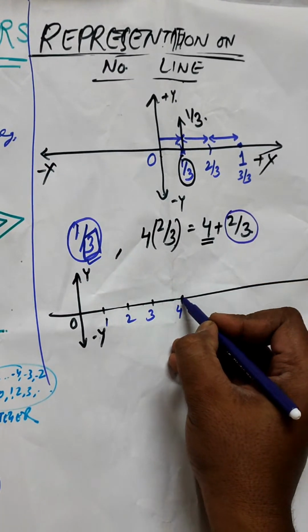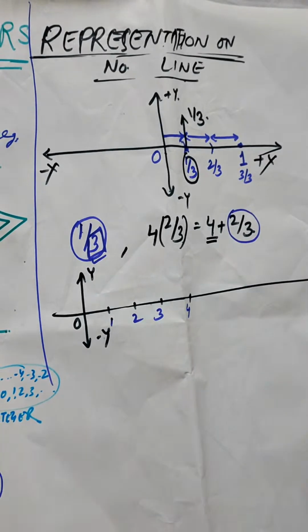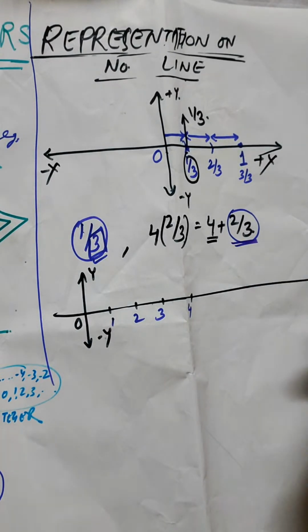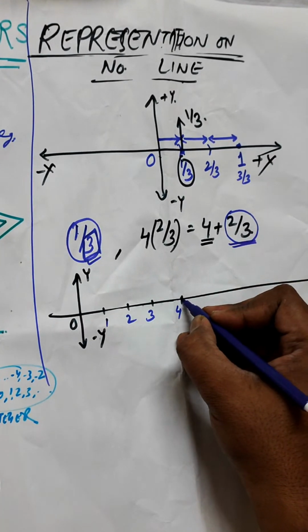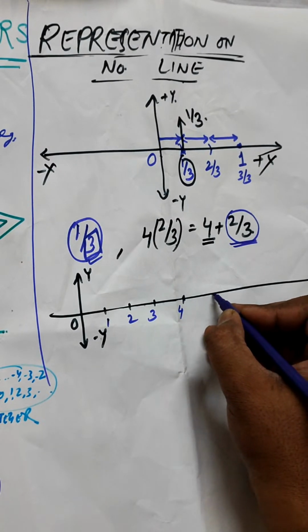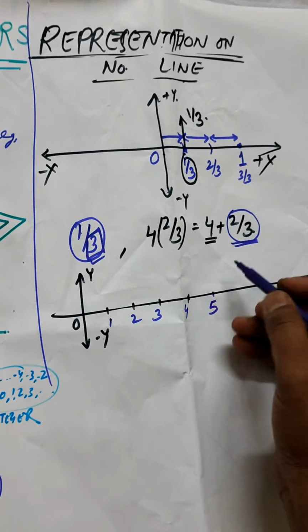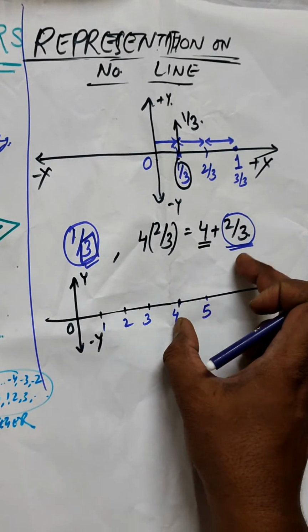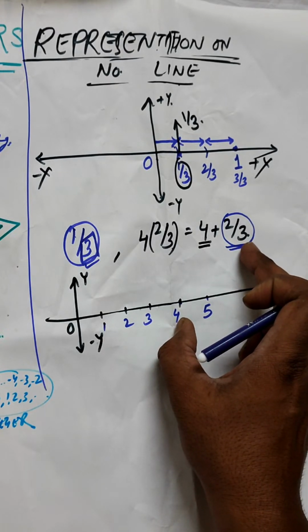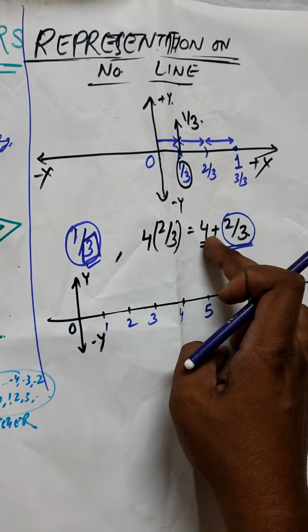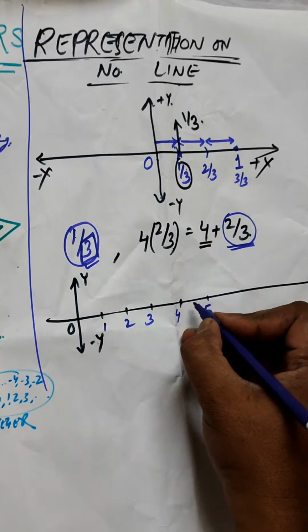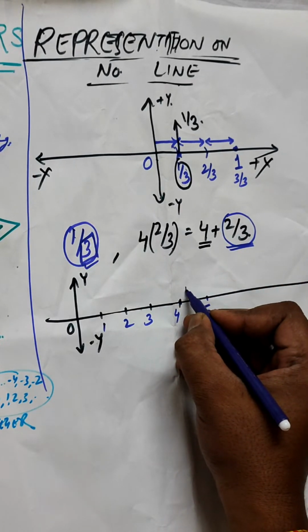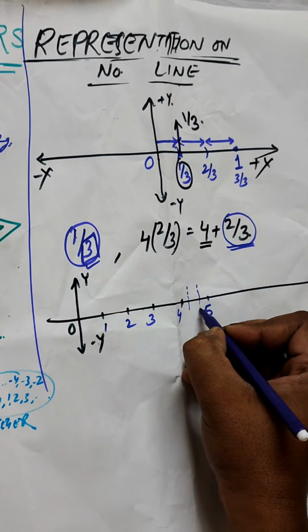So till this point 4 is okay, but we need to add this 2 by 3 along with 4, right? So from 4 and before 5, as we did over here, this section needs to be divided into 3 equal parts, as shown by the denominator of the number which is left after 4. So we divide this 4 to 5, that means this unit of 1, into 3 equal parts.